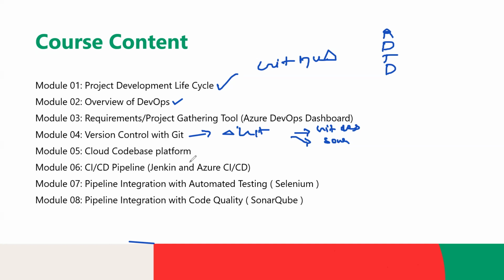Here we will discuss in detail about setting up the Azure account, then creating an organization, like how to create the Azure account for Azure DevOps. Whenever we are starting any project, you need to create an organization.